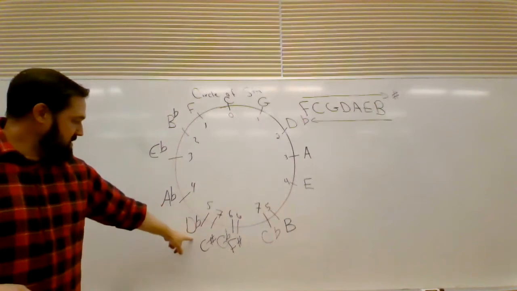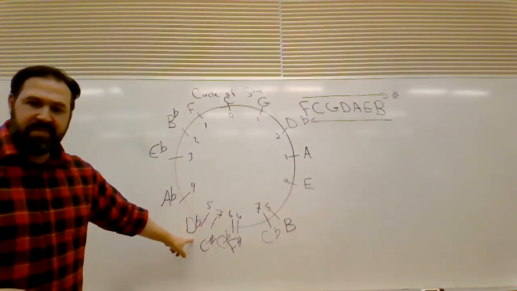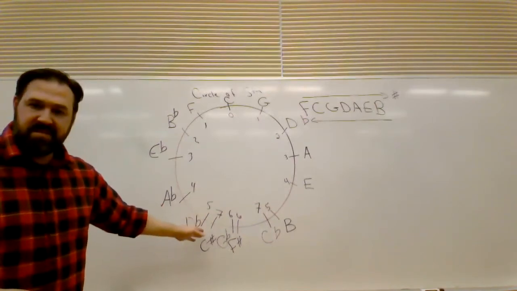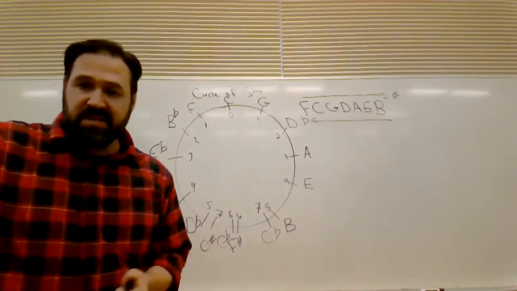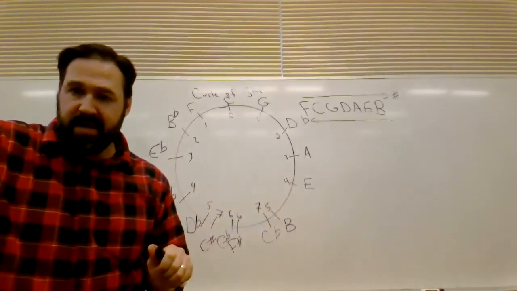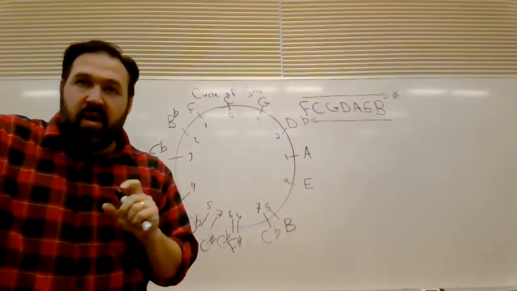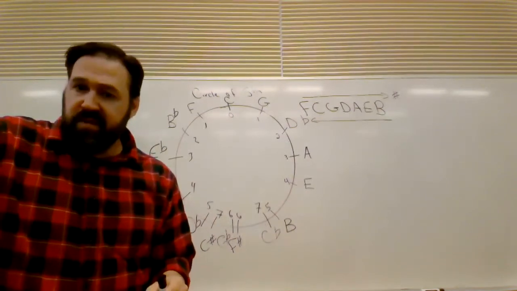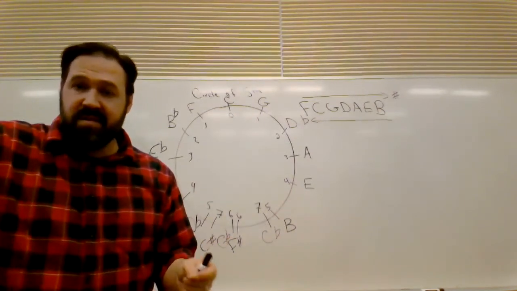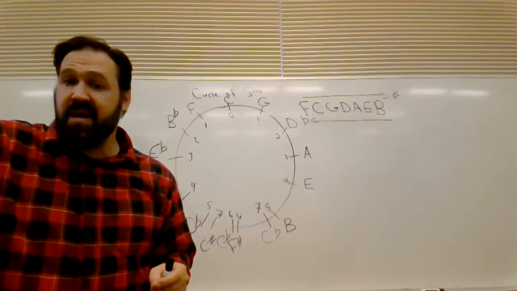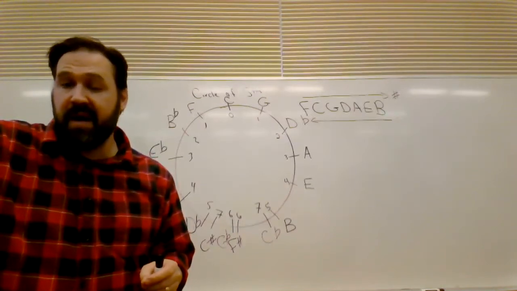Okay? Notice that D flat major shares the same space as C sharp major. Enharmonics, which I explained earlier, in your booklet are notes that are written differently but sound the same. So a D flat on the piano sounds the same as C sharp, okay?